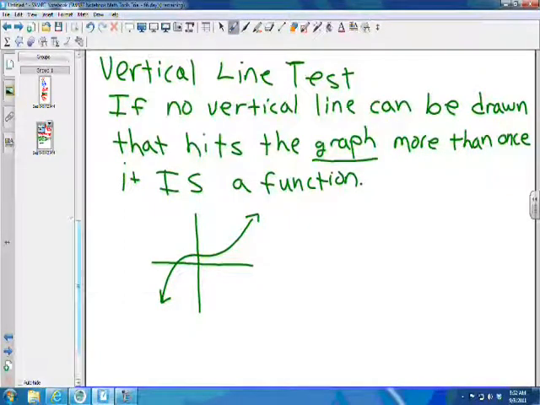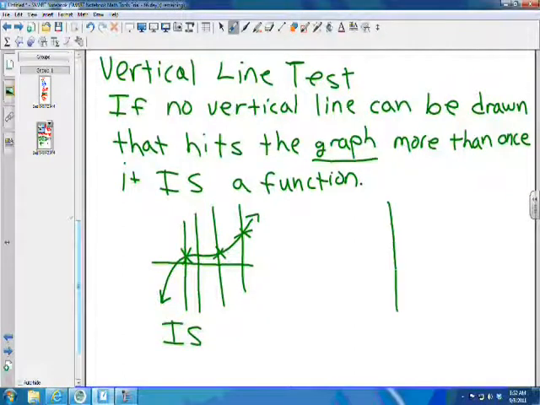So that is the graph. So if I draw a vertical line right here, how many times did I hit the graph? One time, right here. If I draw one here, how many times? Just once. If I draw one here, just once. Is there any place I can draw a vertical line that's going to hit this more than one time? No. So that one is a function.